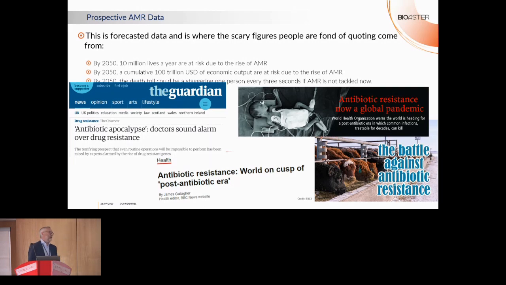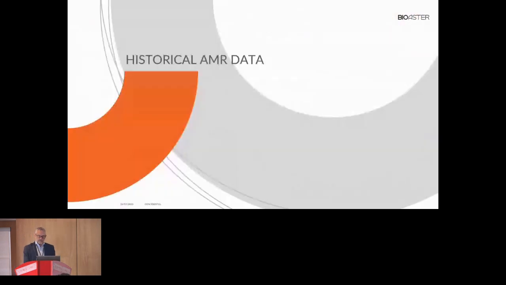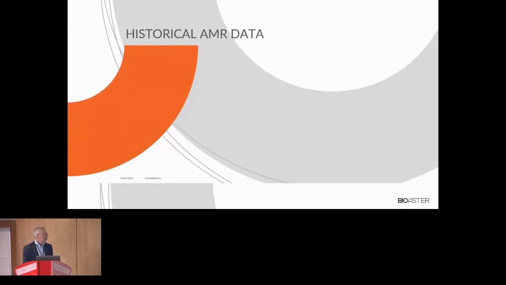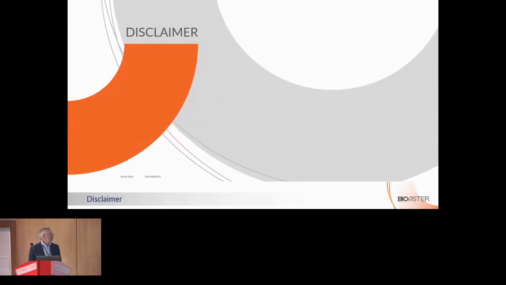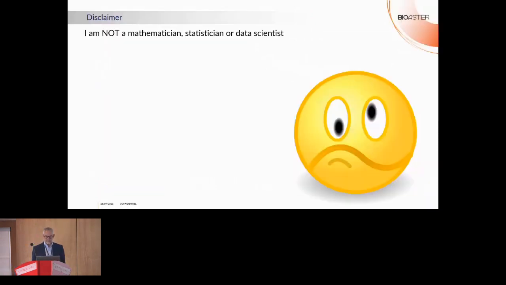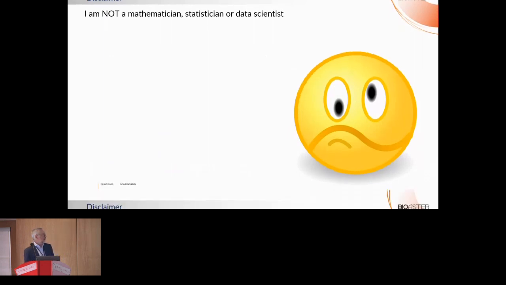So historical AMR data, this is where I'll talk about some data. However, I have a disclaimer before I talk about this. I'm not a mathematician, I'm not a statistician, I'm not a data scientist, I'm just a microbiologist. As far as my knowledge of statistics, data science and maths is concerned, it's the following.